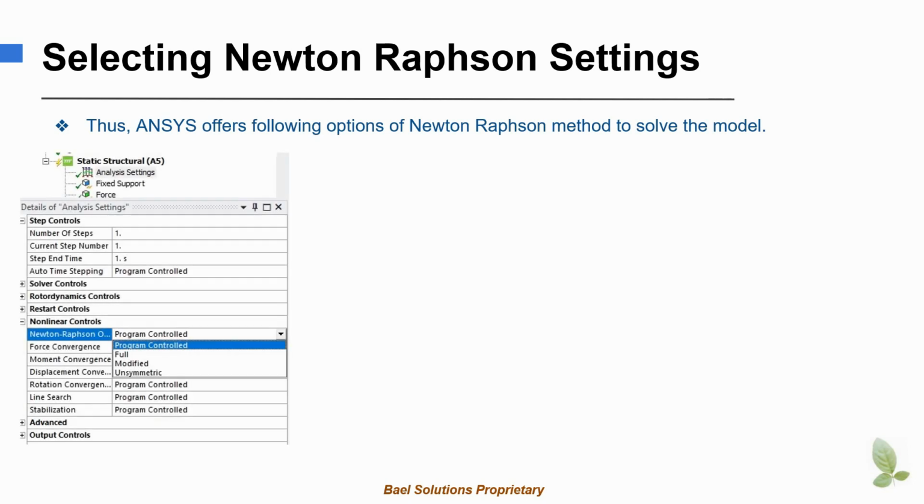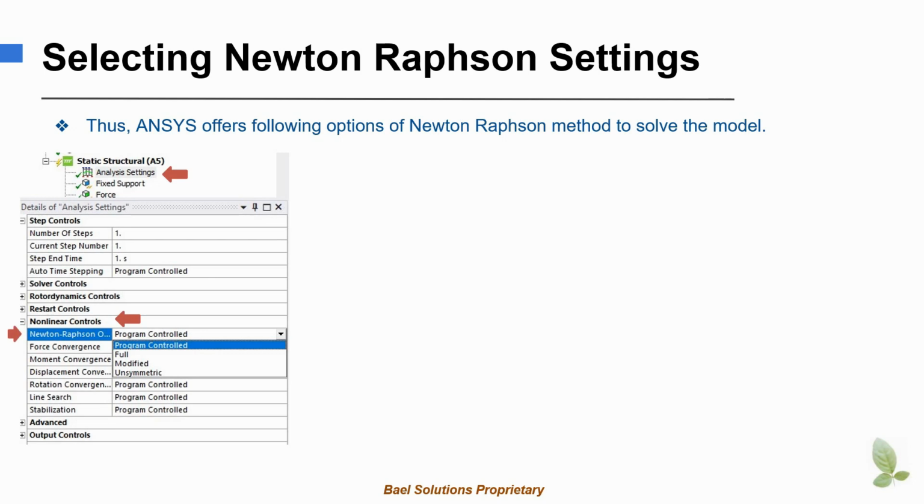Appropriate Newton Raphson option can be chosen by going to the Details window of the Analysis settings. In the Details window of the Analysis settings, if we click on the Nonlinear Controls tab, a number of options appear. The topmost is the Newton Raphson option.